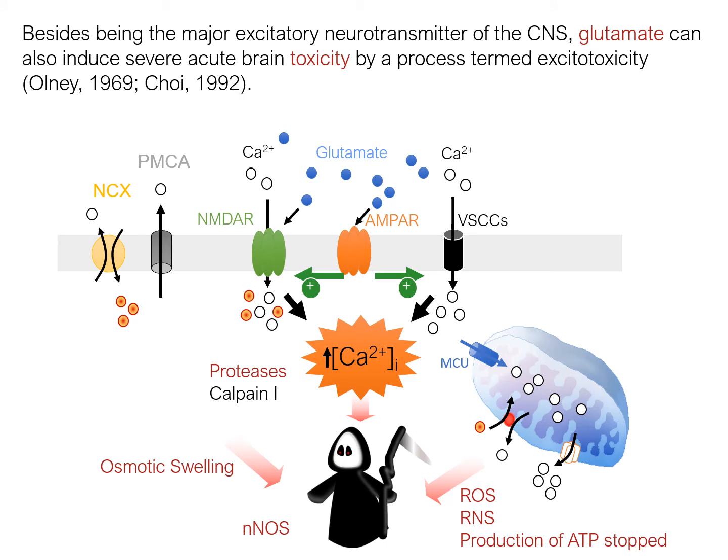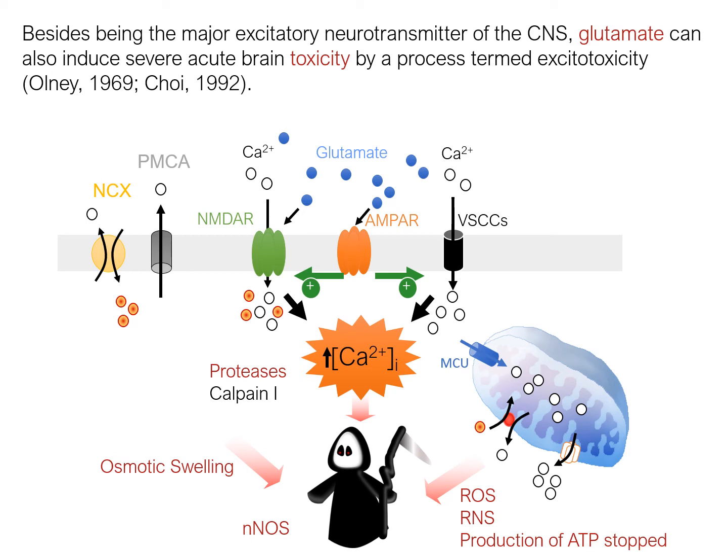However, glutamate can cause severe damage, and this process is known as excitotoxicity. Excitotoxicity involves the excessive release of glutamate from presynaptic nerve terminals and also from the reversal of astrocytic glutamate uptake.